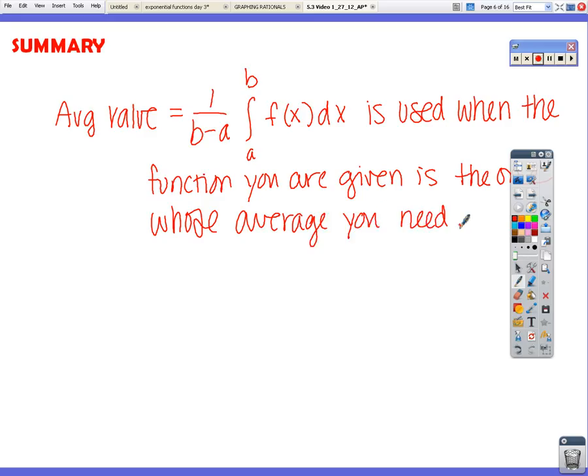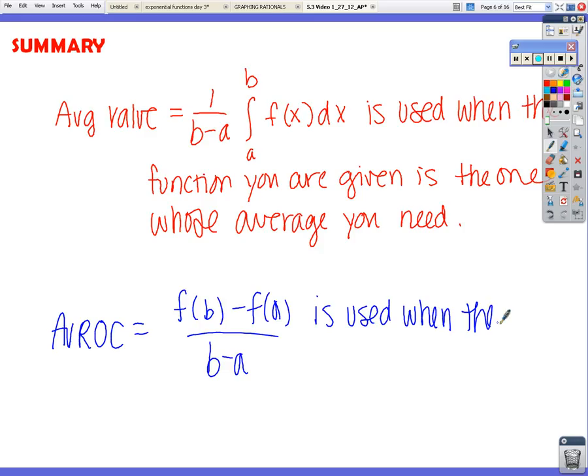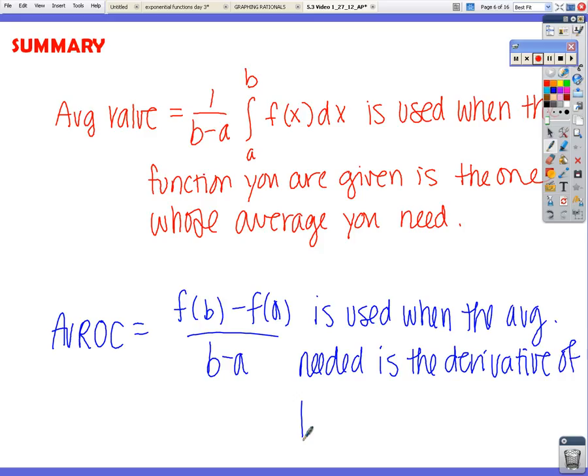Okay? And then average rate of change is a slope. So we use that when the average needed is the derivative of the given function.